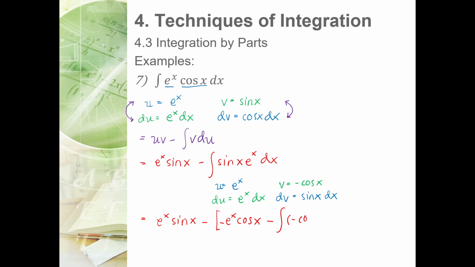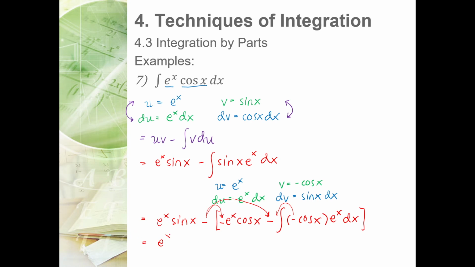So negative cosine x, and then du is e to the power of x dx, then bracket. So simplifying the signs, negative, negative, positive, triple negative, negative, negative, then negative.